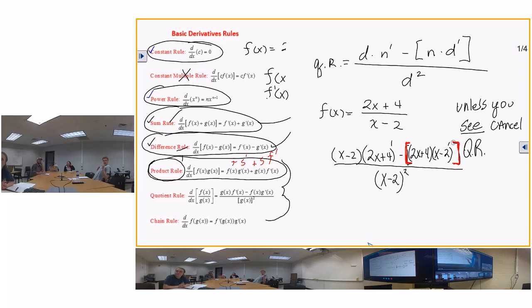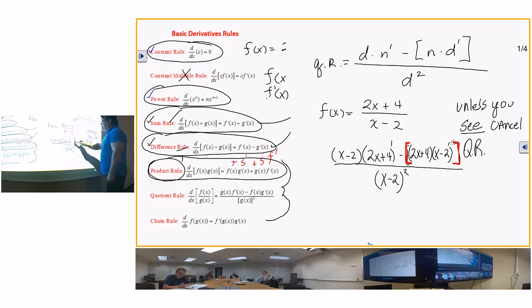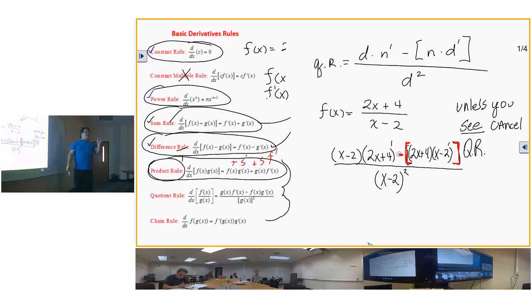Because what do you have to do after you get this polynomial? You have to distribute that negative. And that's where students get it wrong. I don't know if that was what you were saying. But 90% of the students that get this type of problem wrong, they forget to distribute this negative with this trinomial, binomial, whatever you get right here.